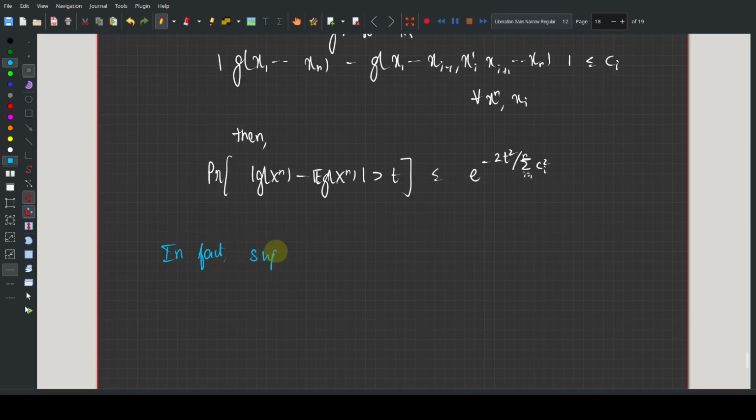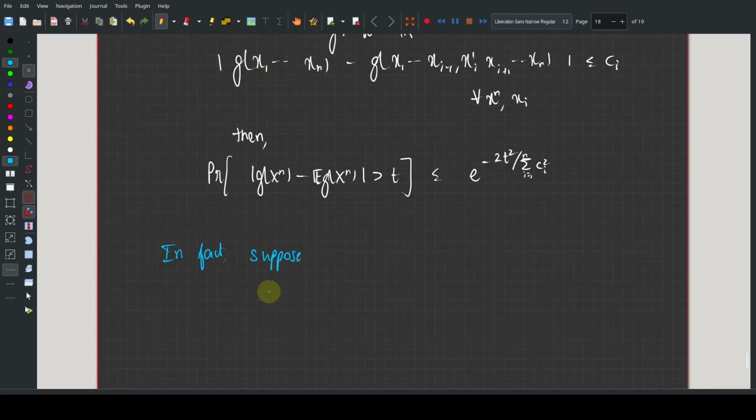Previously, what I was using is that the expectation of z minus zi prime squared is less than or equal to some ci squared.